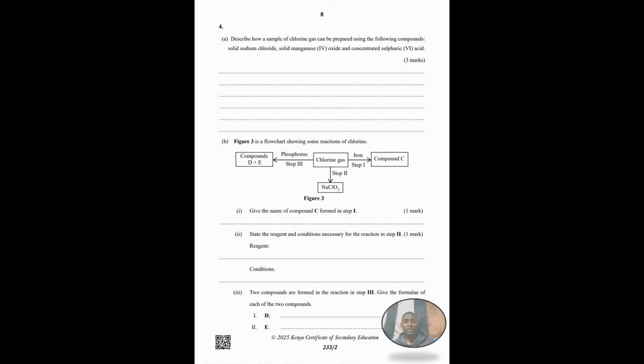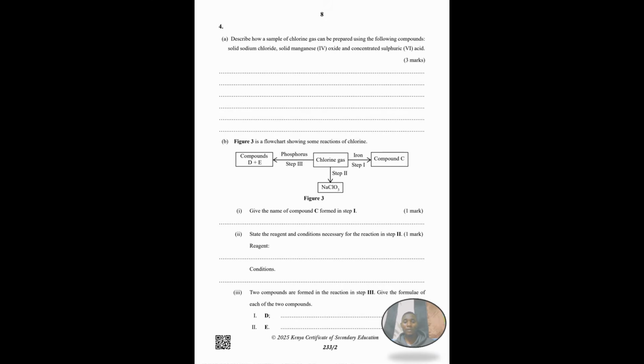So in this case, we have 3 materials. We have solid sodium chloride, and we have concentrated sulfuric 6 acid. So in this case, we must start by reacting the sodium chloride and sulfuric 6 acid.